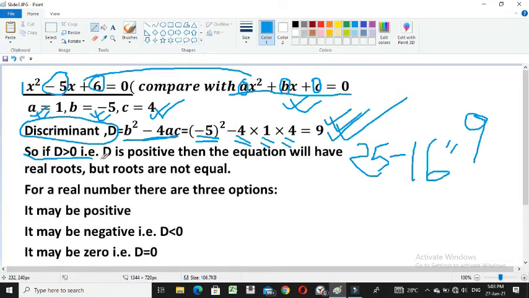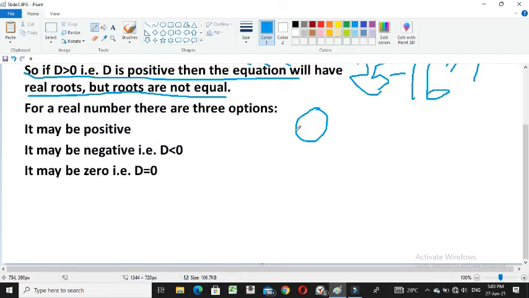So if D is greater than 0, that means if D is positive, then the equation will have real roots. Now you can see for any real number we have three options. So what are the three options? It may be positive, that means D is greater than 0. It may be negative, that means D is less than 0, or it may be 0.